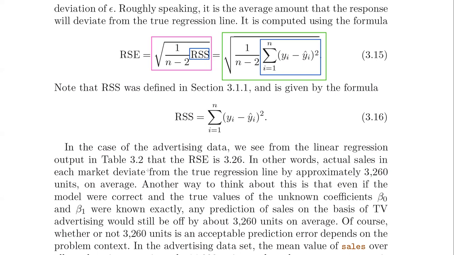Okay, so another way to think about this is that even if the model were correct and the true values of the unknown coefficients beta naught and beta 1 were known exactly, any prediction of sales on the basis of TV advertising would still be off by about 3260 units on average.